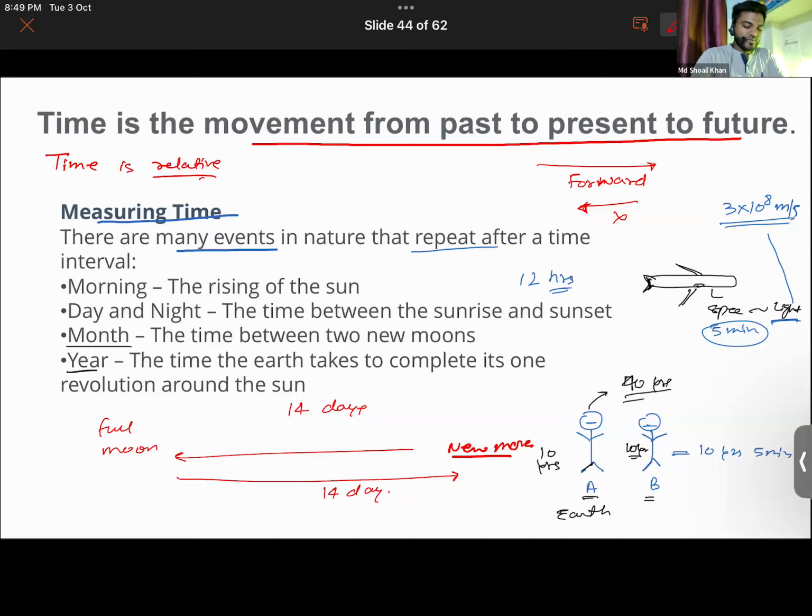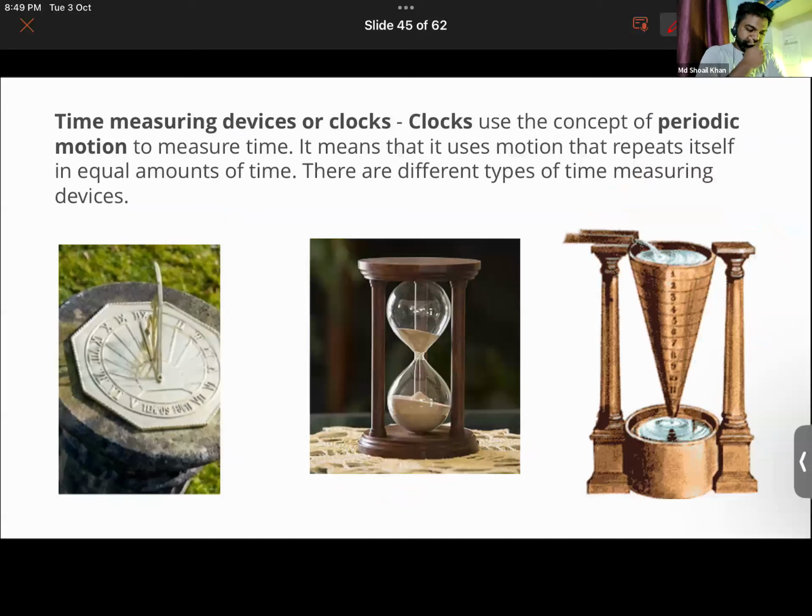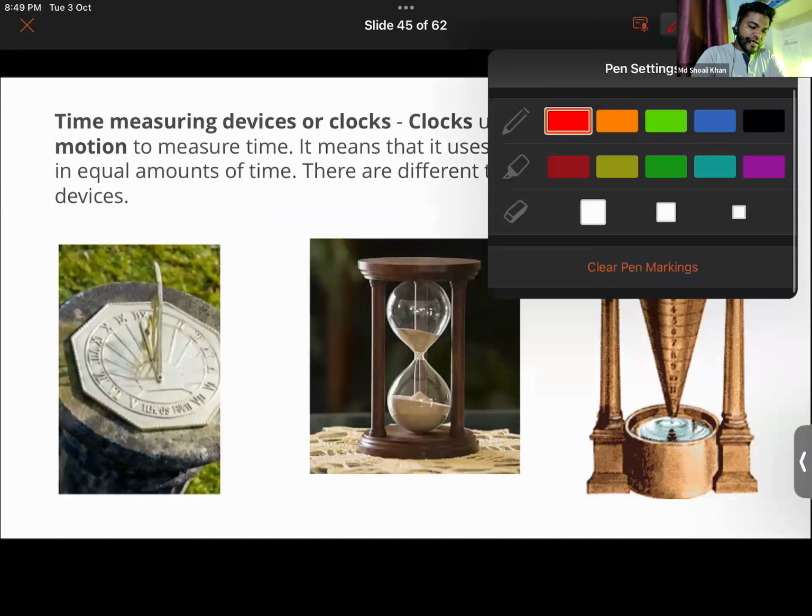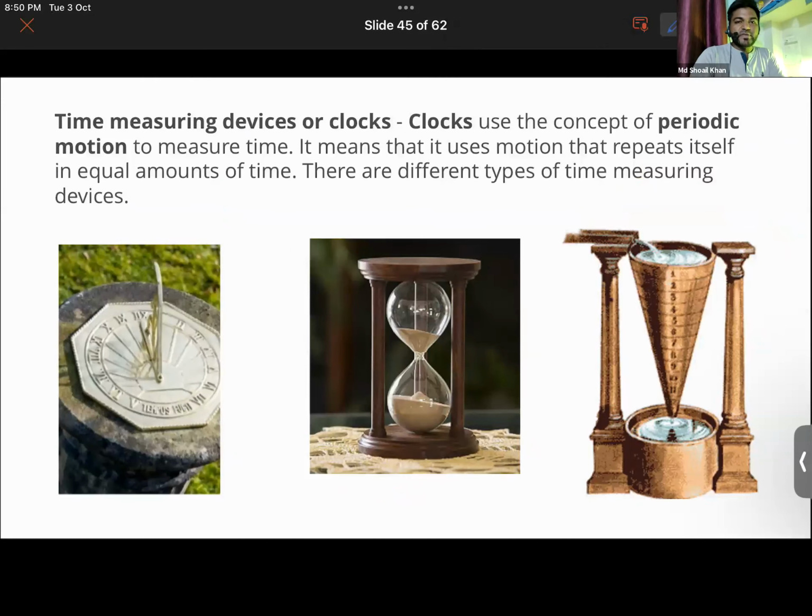Exactly. Good, Sundus. So the year is the time the earth takes to complete one revolution around the sun, that is 365.6 days. Good.